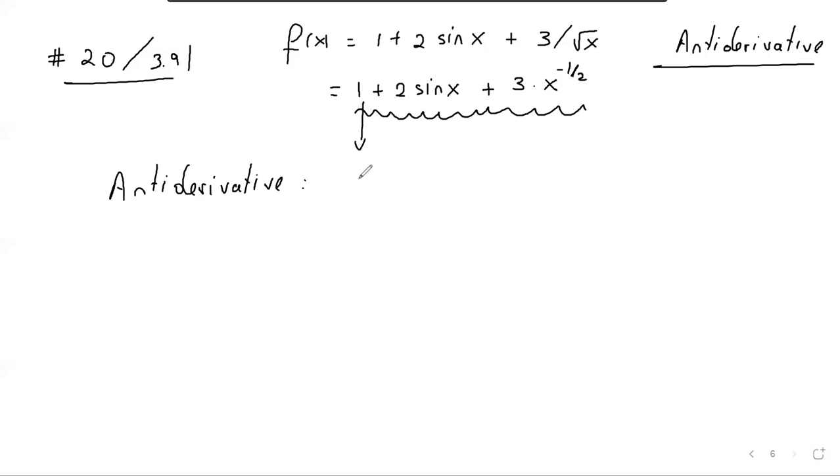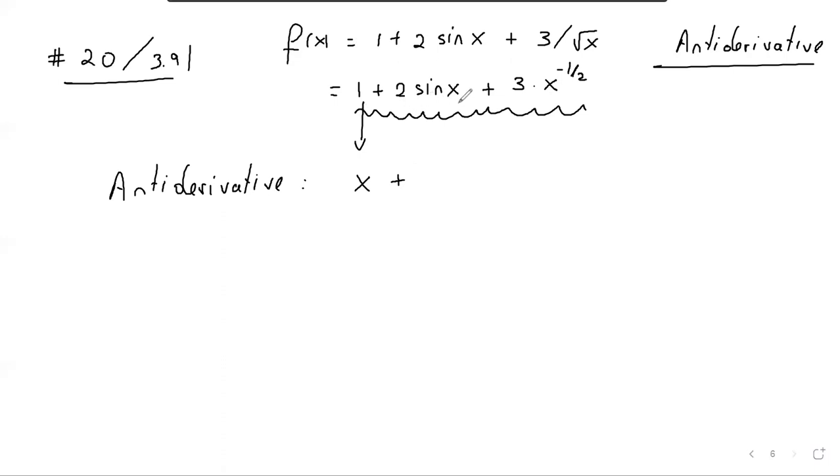For 1, the antiderivative is x. x prime is 1, right? So we all know that. Or you could say because 1 is x to the 0, the antiderivative will be x to the 0 plus 1, 1 over 0 plus 1, and that turns out to be x. But you don't have to worry about that formula because in this case, things are pretty straightforward.